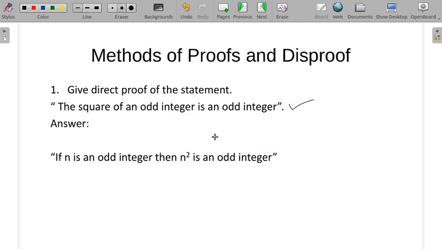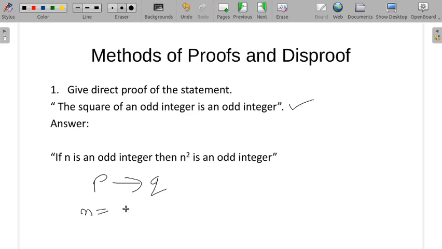First there will be an odd integer, you take the square, that will also be an odd integer. So n is an odd integer is P, then n square is an odd integer is Q. P conditional Q. Assume P is true, that is, n is an odd integer is true.